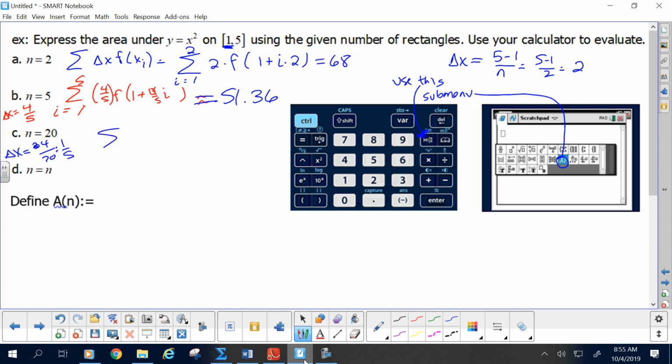So my summation is from an i of 1 to an i of 20, the top represents how many, and in this case we're doing from the first rectangle through the 20th rectangle, adding them all up, 1/5 times f of 1 plus 1/5 i. Starting number plus however many delta x's you've gone over.